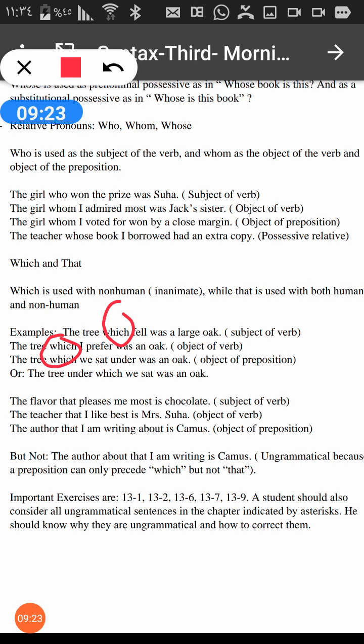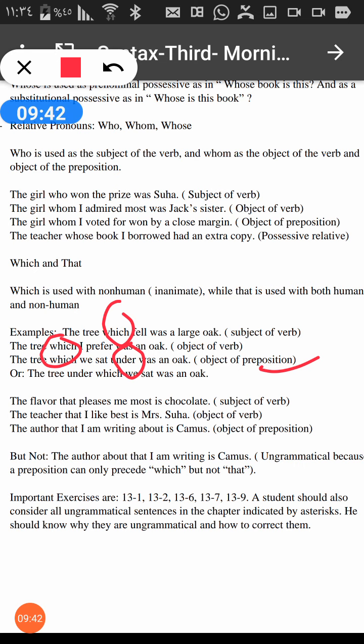In the third example, the tree which we sat under was an oak. And this one here, it functions as the object of the preposition. The tree which we sat under, here it functions as the object of the preposition under.